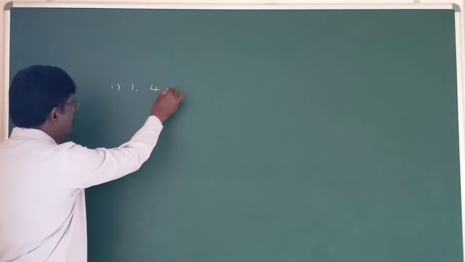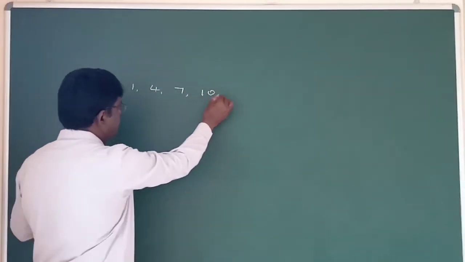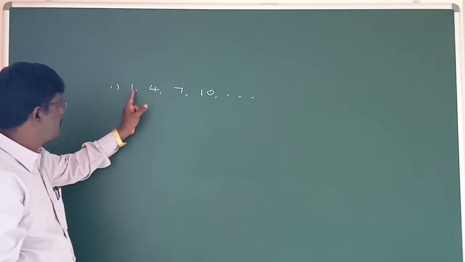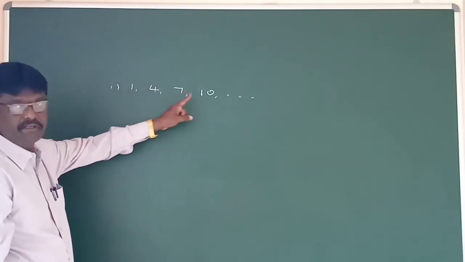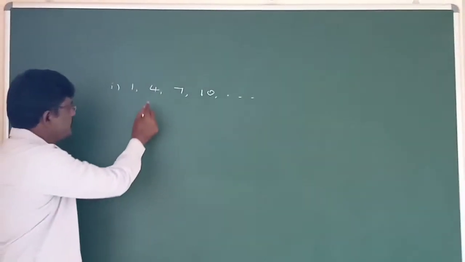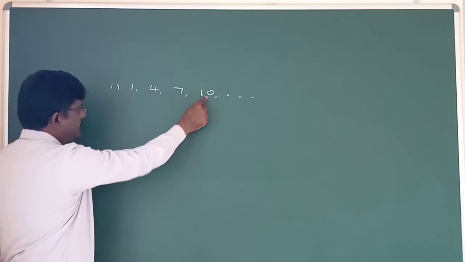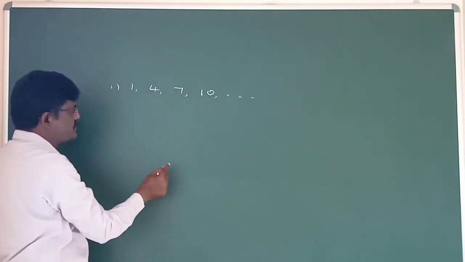1, 4, 7, 10. Here we find a particular order, increasing order. When we see the numbers 1, 4, 7, 10, we find a relation between the successive numbers.